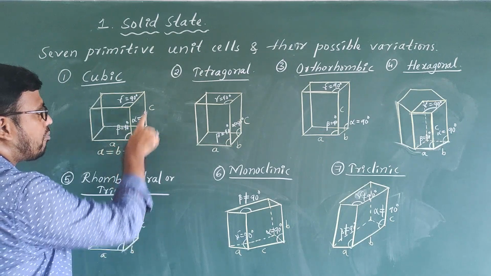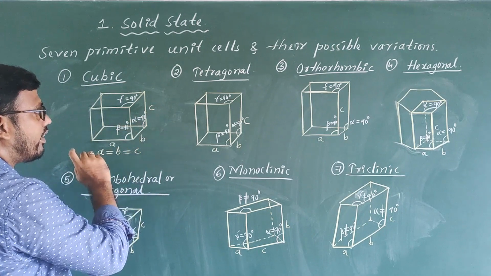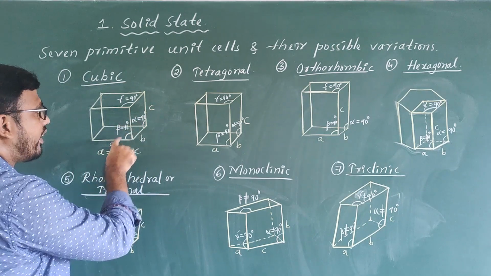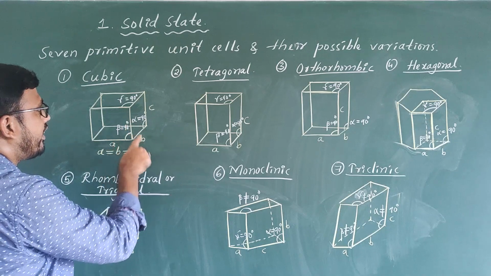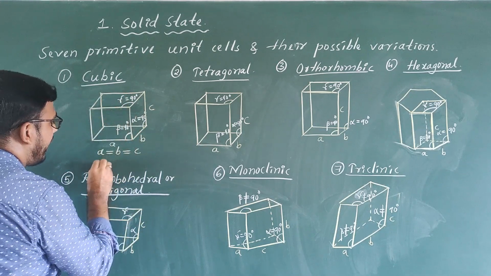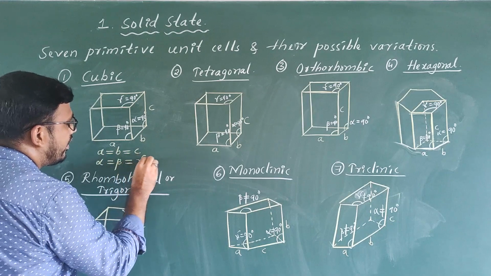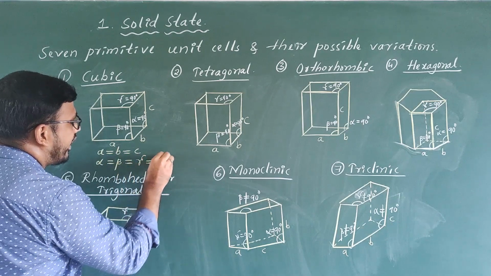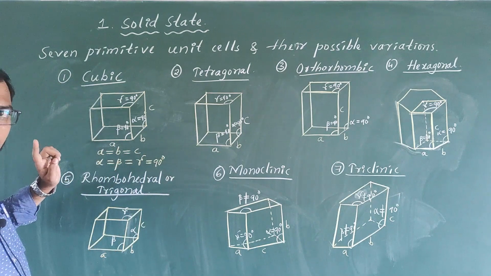The angle between b and c is alpha, that is also 90 degree, and the angle between a and b is gamma. So the angles alpha is equal to beta is equal to gamma is equal to 90 degree in the cubic unit cell.